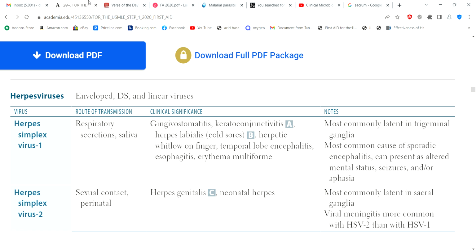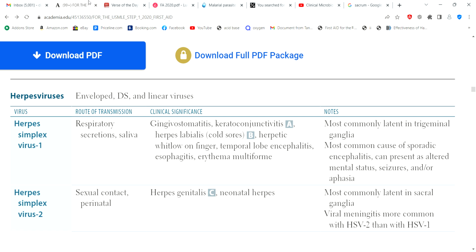We mentioned there is painful inguinal lymphadenopathy. So we have to know HSV2 causes aseptic meningitis in adolescents and adults.